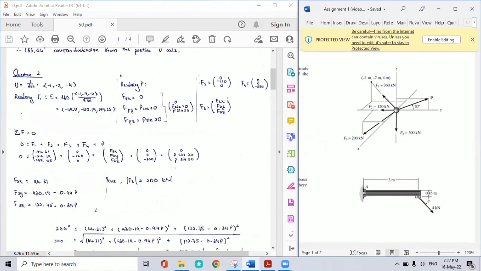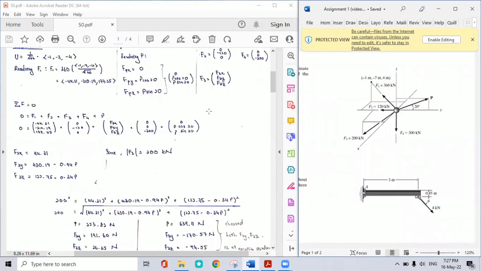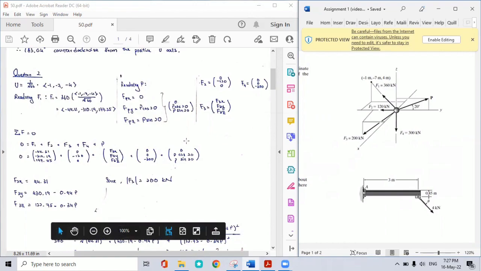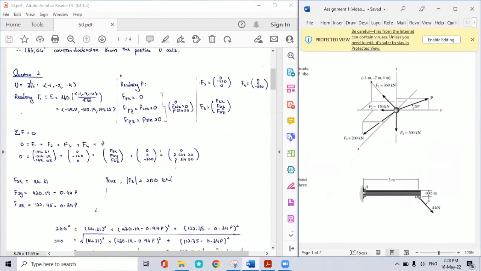For F3, we will have unknowns because we want to solve for it. We know that if the particle is in equilibrium, the sum of the forces will be 0, which means F1 plus F2 plus F3 plus F4 plus P will be equal to 0.